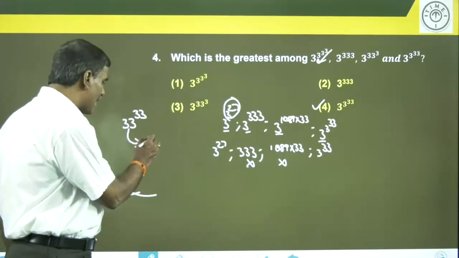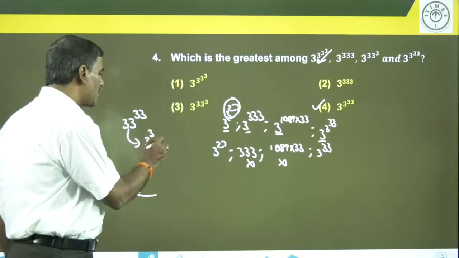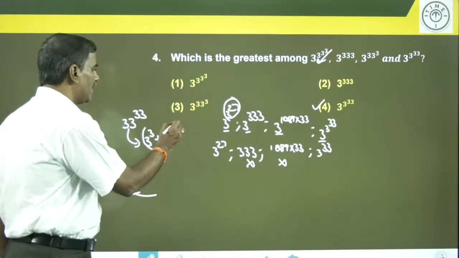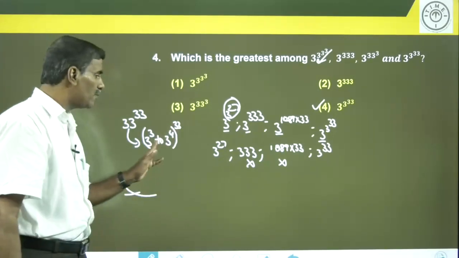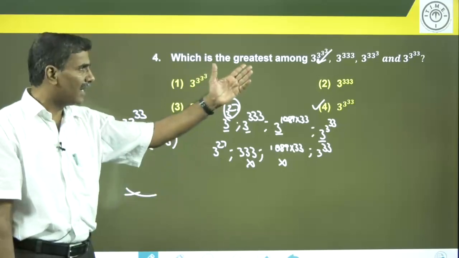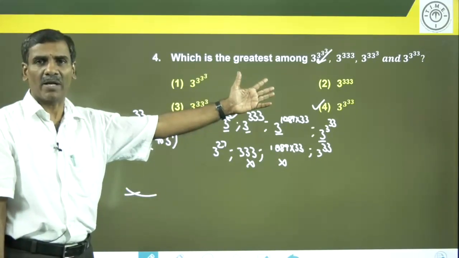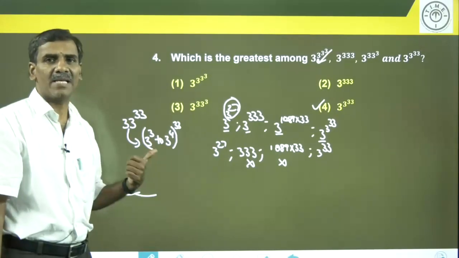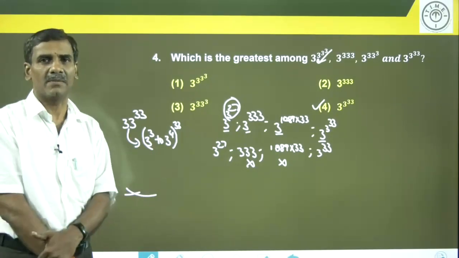So we will write this one in terms of powers of 3 as 3 cube to 3 power 4 to the power of 33. In that way, we will be converting that into the base as 3, and then we'll make the comparison. So if it is already given in that way, we don't have to worry about that. If it is not given and it is given in this form, just convert this to the base as 3 and then make the comparison, right?